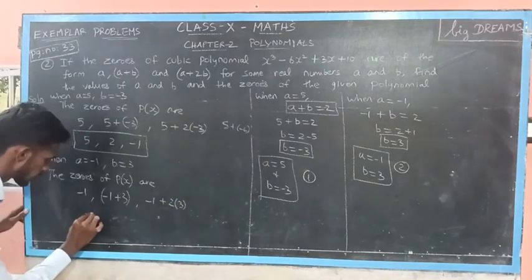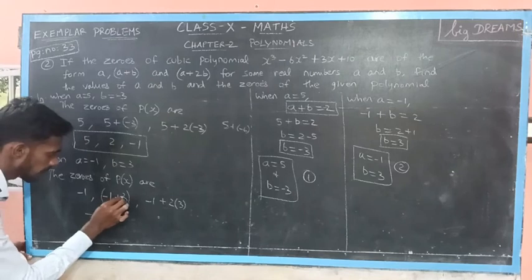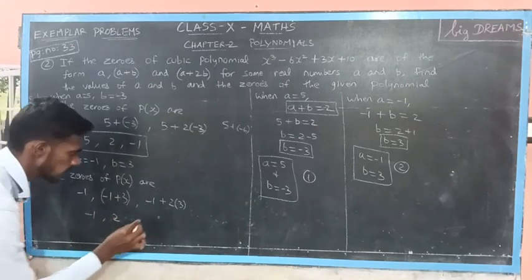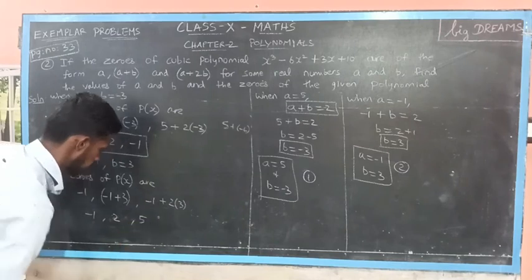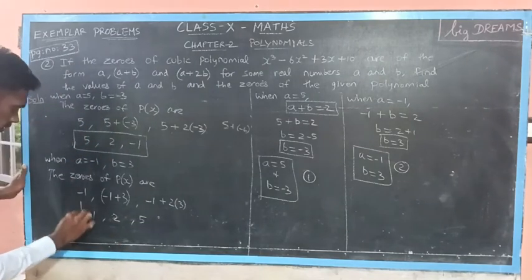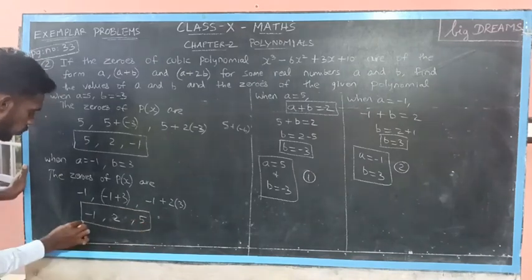On simplifying, minus 1, then minus 1 plus 3 becomes plus 2, minus 1 plus 6 becomes plus 5. So, another set of zeros are minus 1, 2 and 5.